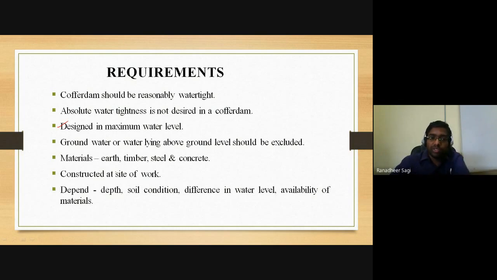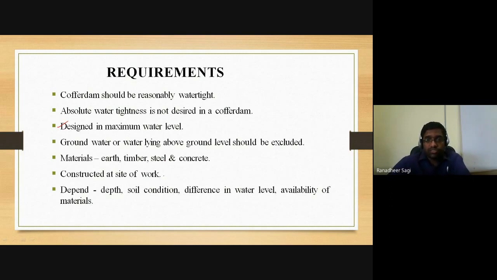So you'll typically be using different types of materials in the construction of your cofferdam structure, and it also depends on the availability of those materials. It's not that I'll just think, okay, I'll only use this material. We should also think of cost effectiveness in terms of the availability of materials in the nearby regions for taking up that particular construction.